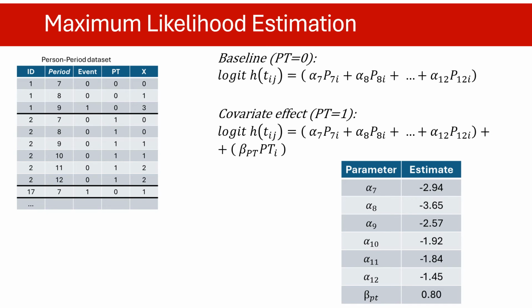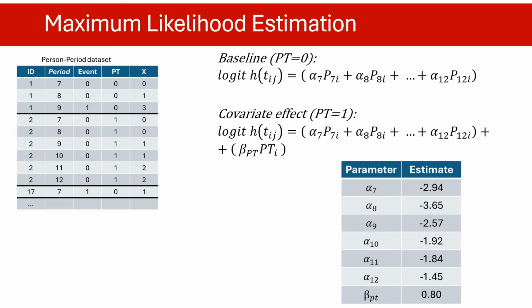Now we can estimate the parameters of the model we have specified here using maximum likelihood methods. Indeed, we can estimate these parameters starting from the person period dataset and just regress the event indicator on the time period indicators and the covariates using logistic regression.